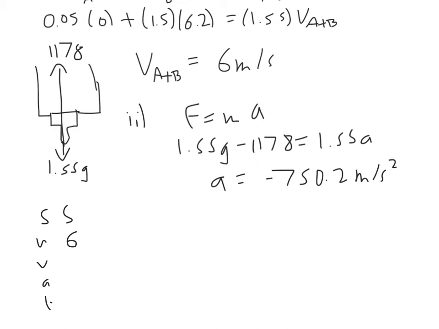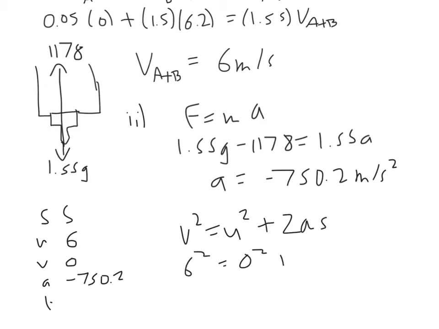When it's getting driven into the wood, eventually it'll stop, so it'll go to a speed of 0. And we know the acceleration is minus 750.2. So we can use the equation without t, which is v squared equals u squared plus 2as.